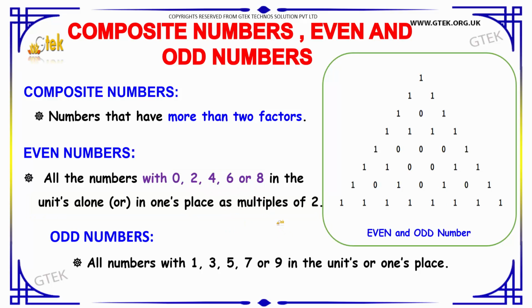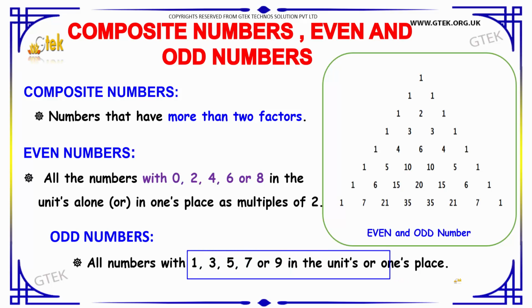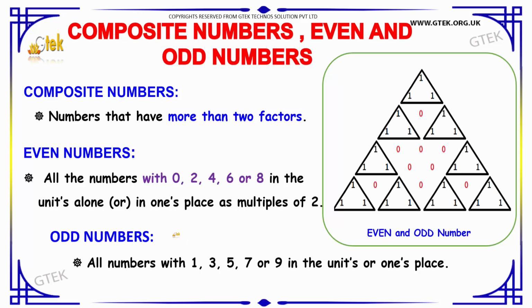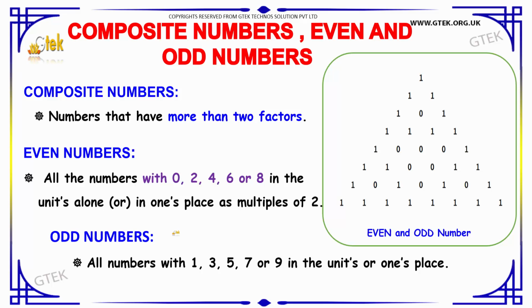And any number which is a multiple of 2 will be an even number. All the numbers which are ending with 1, 3, 5, 7 and 9 in units or ones place are said to be odd numbers. Every other number other than even numbers is said to be an odd number.